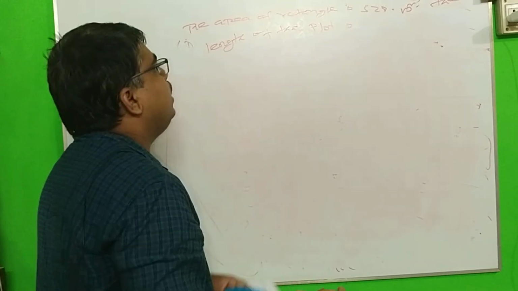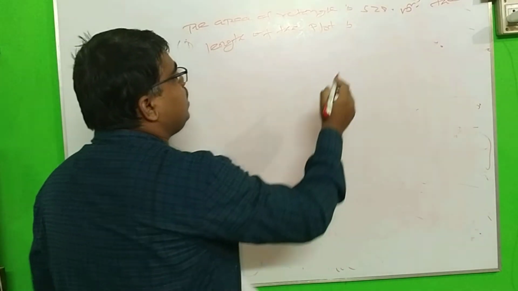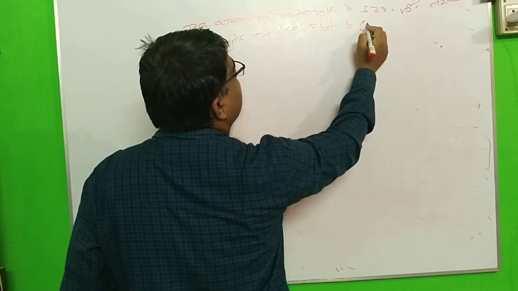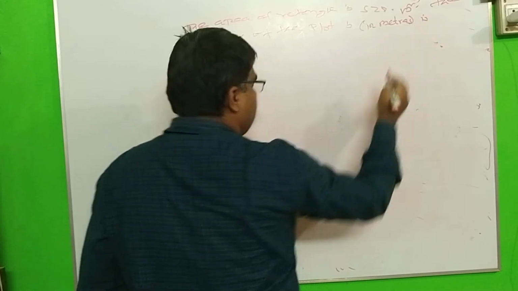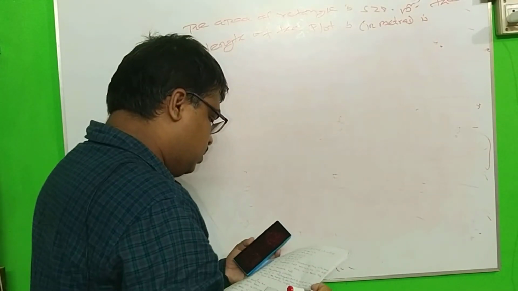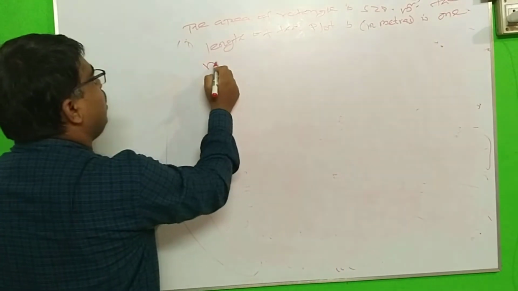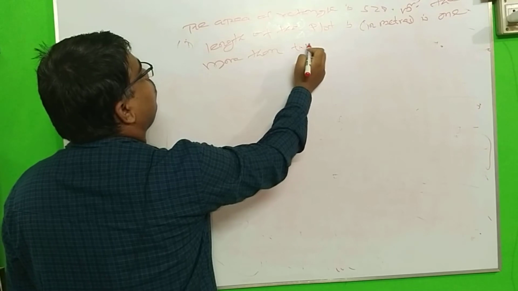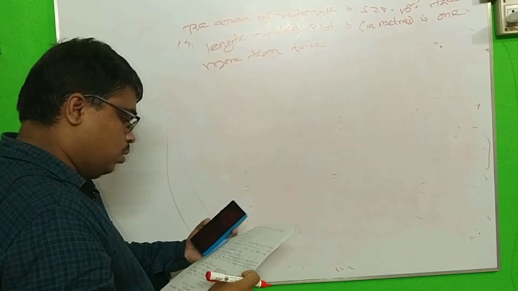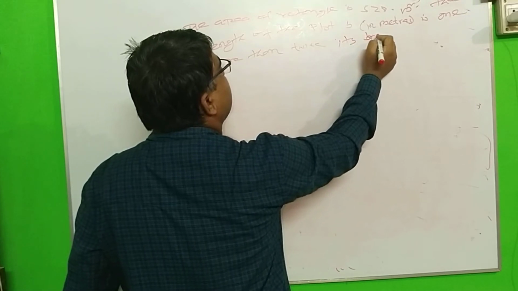The length of the plot, in meters, is one more than twice its breadth.